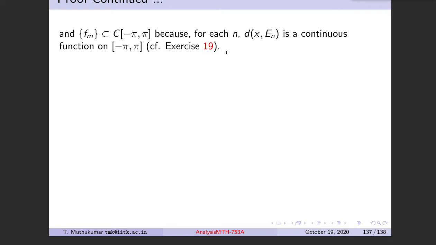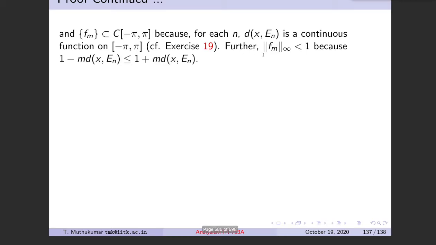And the norm of each Fm is at most 1, because whenever x belongs to En, the value is 1. For the other points, it's less than 1 because 1 minus m d is always less than or equal to 1 plus m d. So Fm is a quotient, and it's always less than or equal to 1.